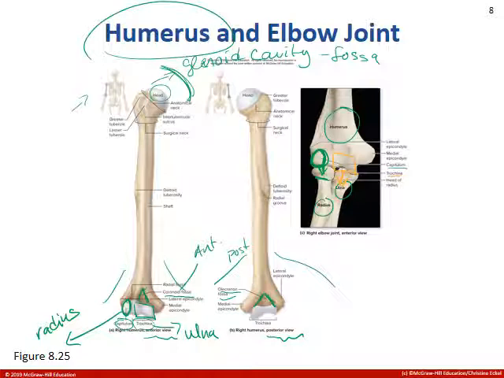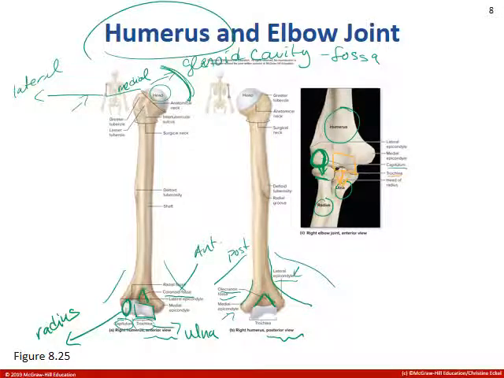The other item that we have to look at are these epicondyles. So you see how the shaft comes down and it kind of juts out on both sides. So the lateral and medial epicondyles depend on the position that you're looking at. So here, this is lateral because it's facing outside, and this one is medial because it's more internal or facing towards the middle.